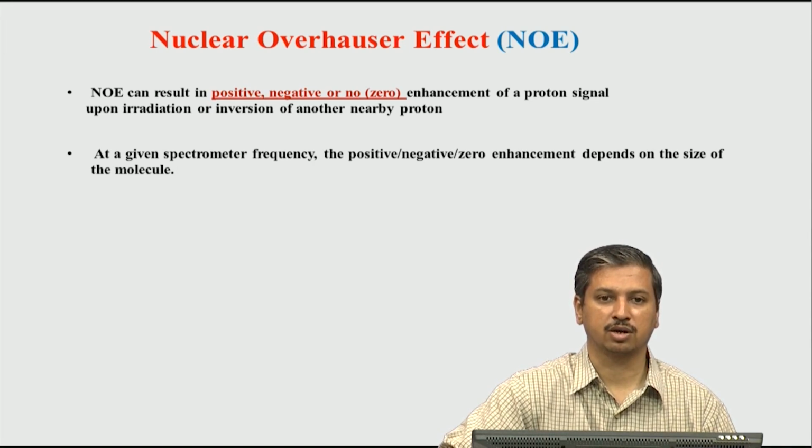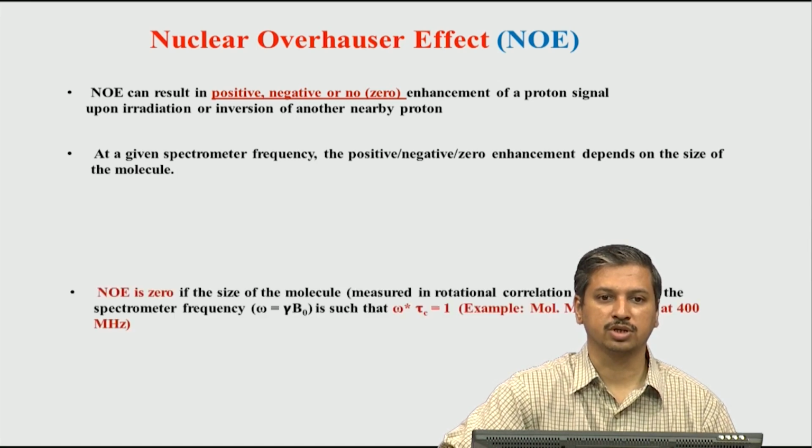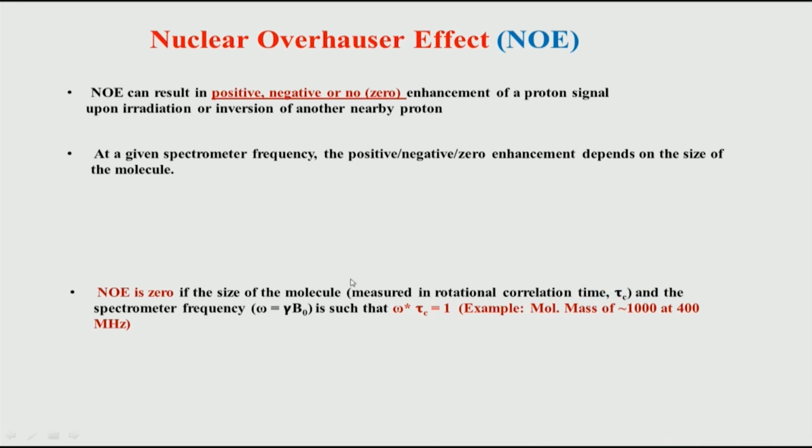They are undergoing rotation, vibration and translation, but we also say tumbling; rotational diffusion is the more technically correct word. So, this rotation or tumbling of the molecule is characterized by a parameter known as rotational correlation time, in short tau c. So, this tau c is typically calculated like this.